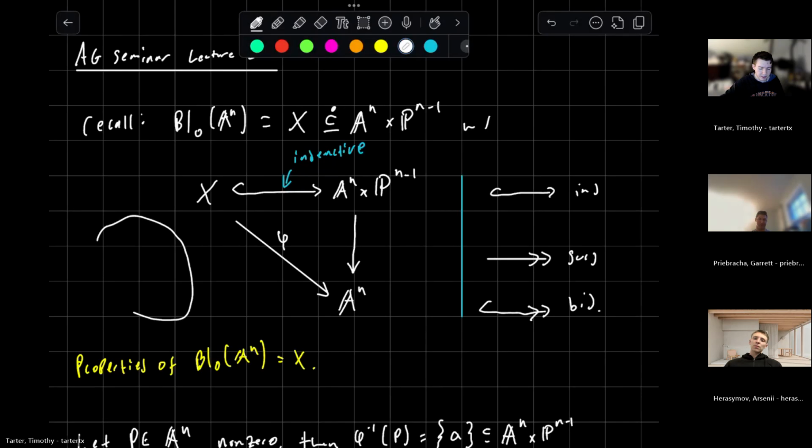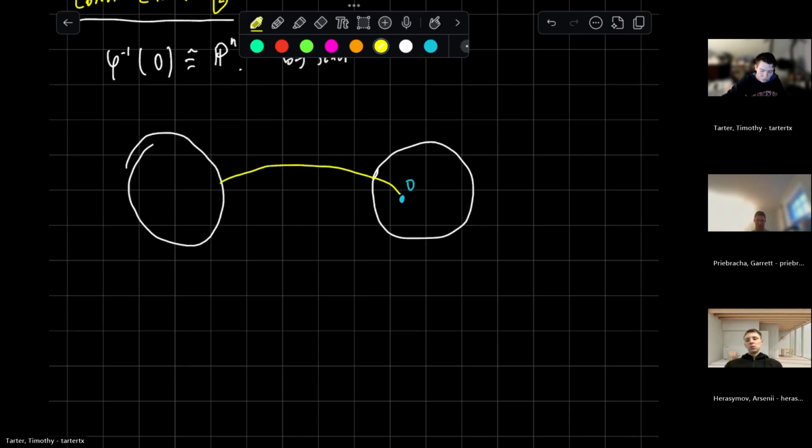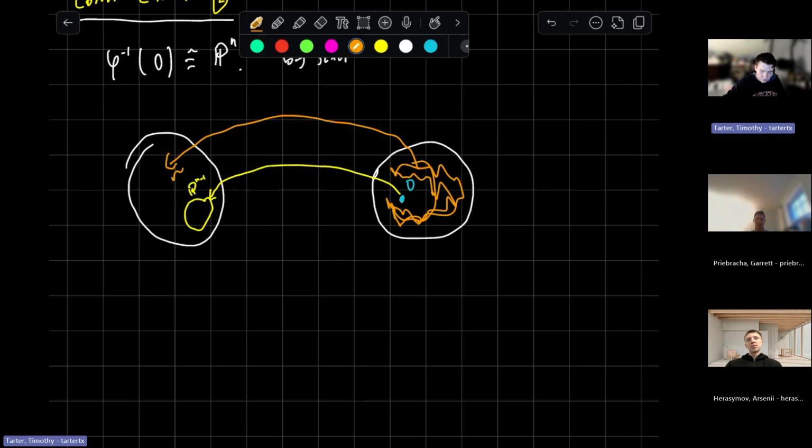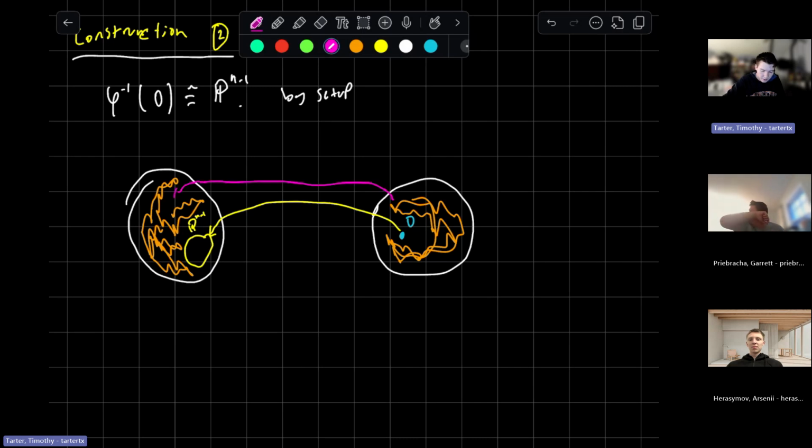So our picture here is really, in retrospect, I maybe should not have used orange there. There we go.